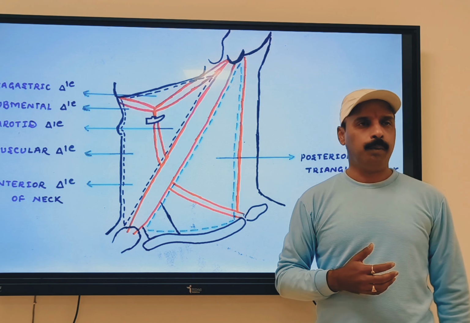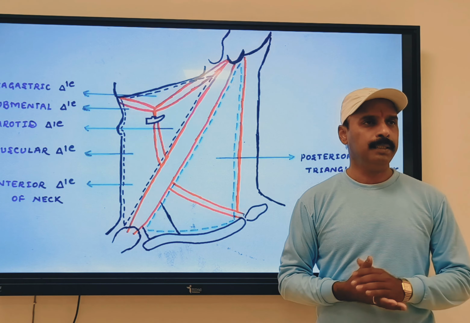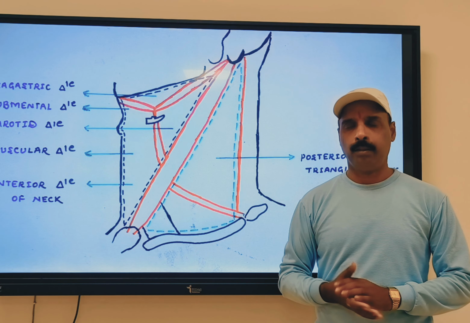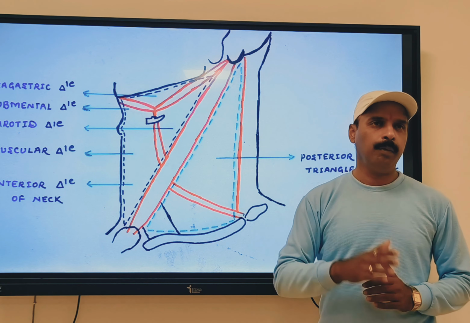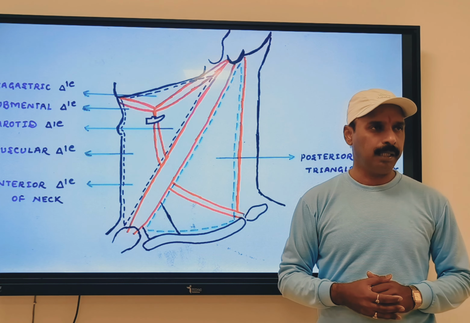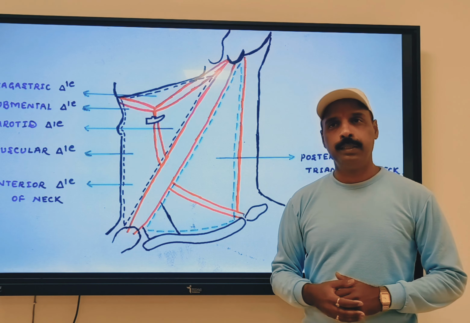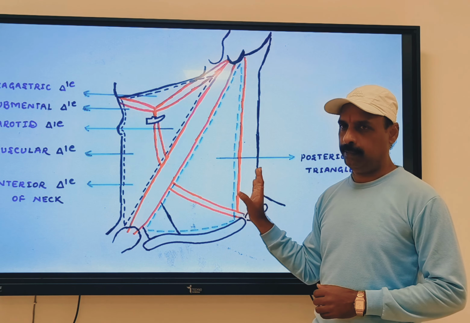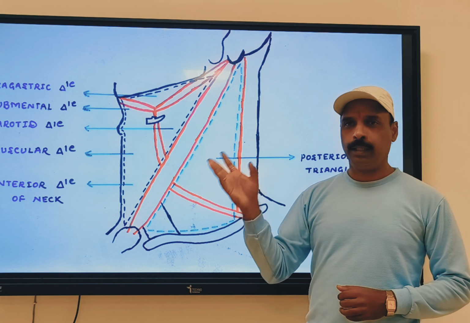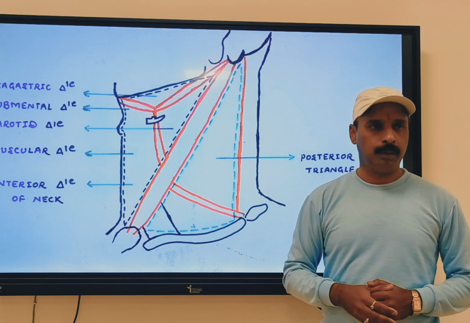So now I am talking about the boundaries of the quadrilateral space of the neck region, or the side view of the neck, which appears like a quadrilateral. I am not talking about the boundaries of the triangles of the neck.